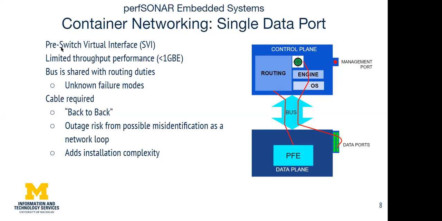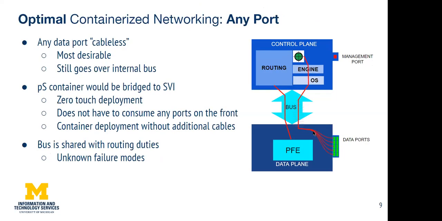But part of the advantage of this specifically is that we can use the pre-switch virtual interface, SVI. And the SVI is even simplified in this example, where we're able to not have an extra cable. Essentially, the control plane with pScheduler on it is able to communicate to the data ports without having an external cable.